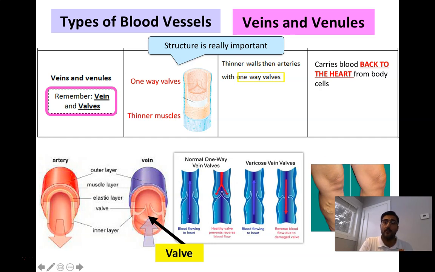Diet can play a role here, but varicose veins occur when the valves start to not tightly seal, and the blood actually does backflow through the valve, even though it's not supposed to, and the blood pools in the lower regions of the vein. So blood, because it's at such low pressure, doesn't actually go back up to the heart like it should. And so it physically, literally starts to pool, and you see them as little bumpy veins.